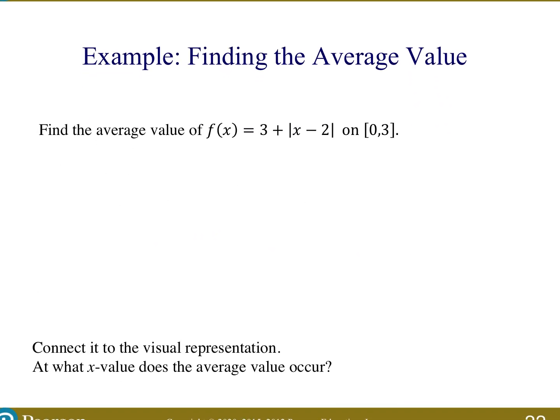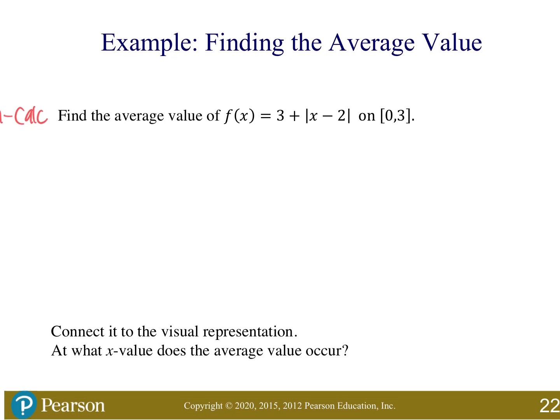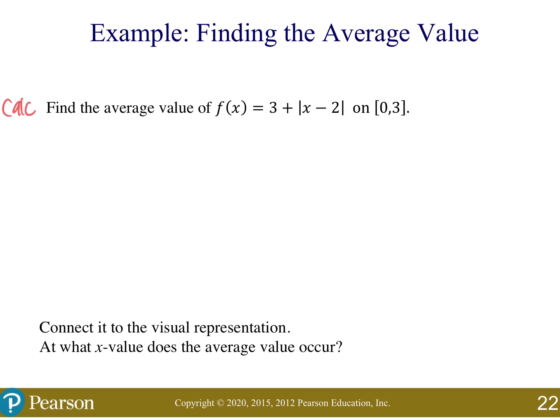Find the average value of 3 plus absolute value of x minus 2 from 0 to 3. And this would be a non-calculator problem. Of course, I didn't use my calculator last time either, but this would be a non-calculator problem as well. So the average value, mathematically, is going to be the integral from 0 to 3 of the function 3 plus absolute value x minus 2 dx, all over the interval.